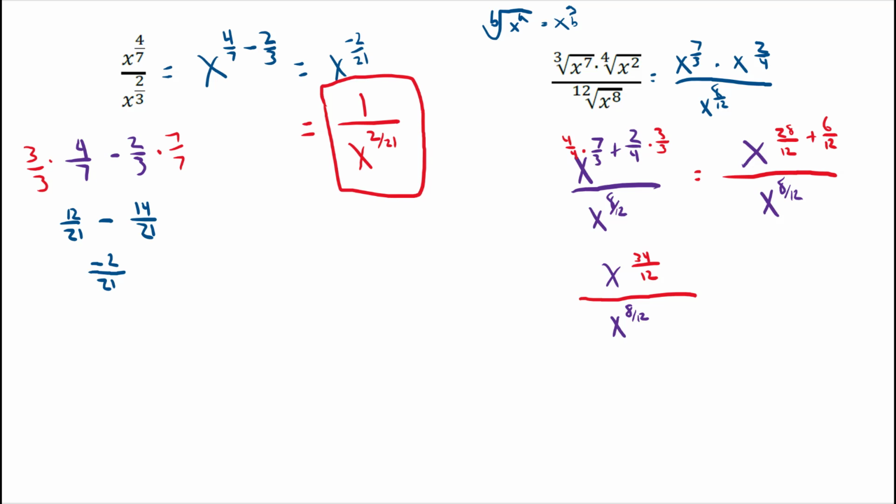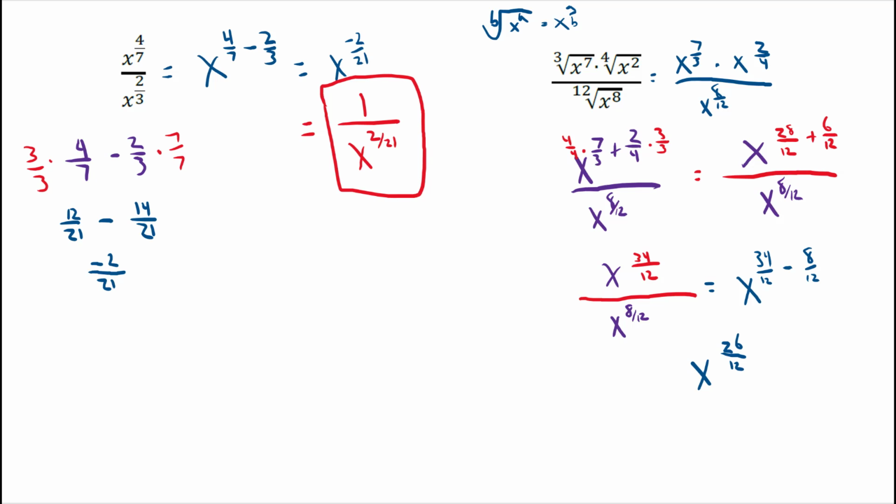So if we do this, this is going to equal x to the 34/12 minus 8/12. Now we can go ahead and get our answer. So x, and then 34 minus 8 is going to give us 26, and that's all over 12.